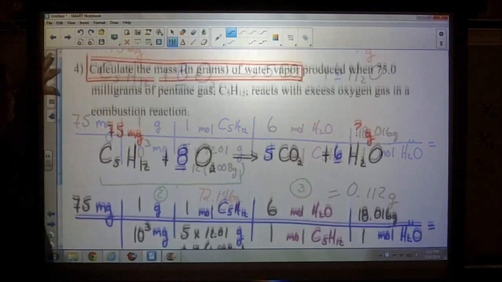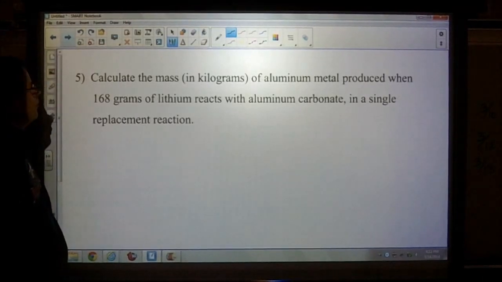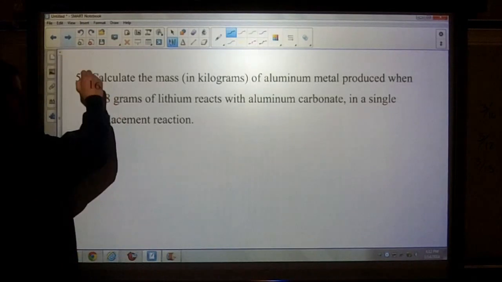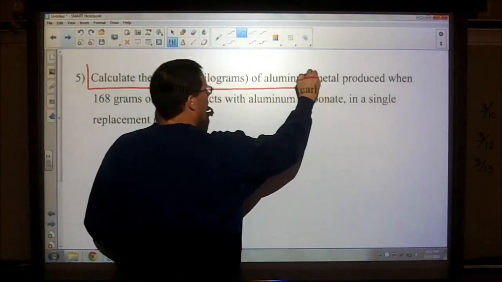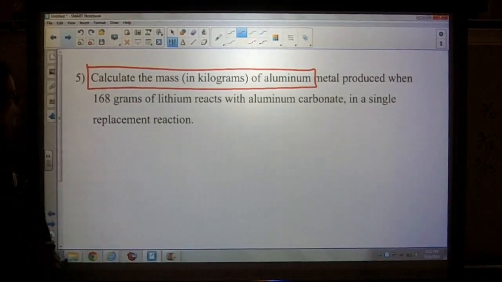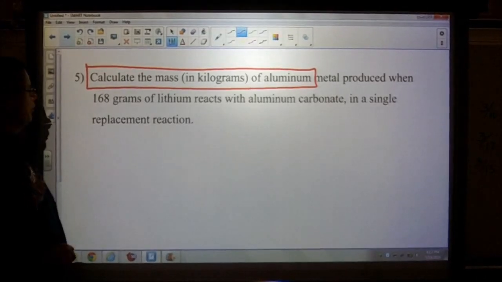Okay. All right, let's look at question number 5. Question number 5 says, calculate the mass in kilograms of aluminum metal produced when 168 grams of lithium reacts with aluminum carbonate in a single replacement reaction.